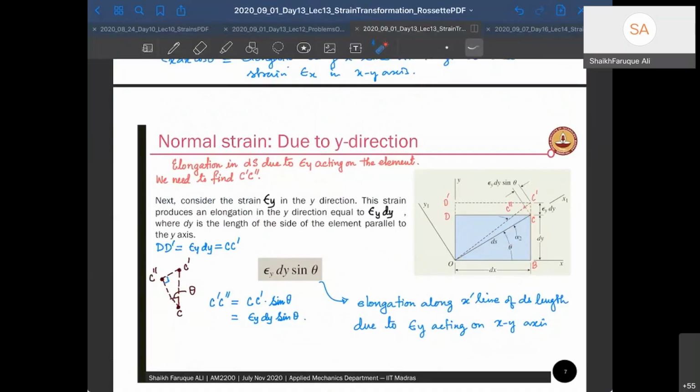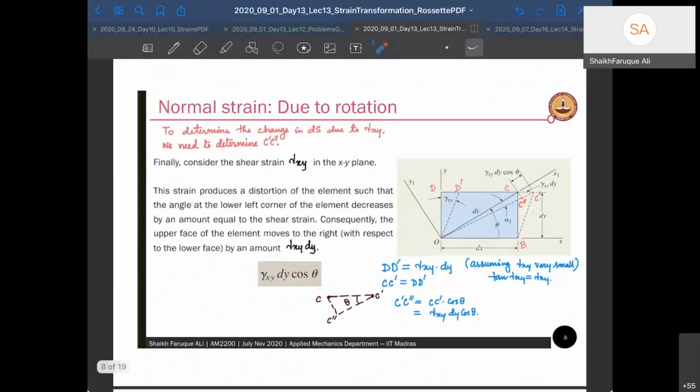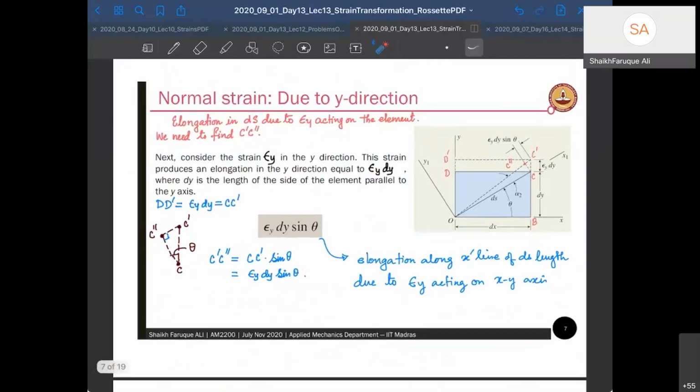We have already done it. And then the strain due to shear is going to be again alpha 3, which is clockwise, so that's also going to be negative. And we have to find this C dash, C double dash. Once you know this is the cos component, this is going to be a sine component. Here we know that this is my sine component, so this is going to be my cos component, right?